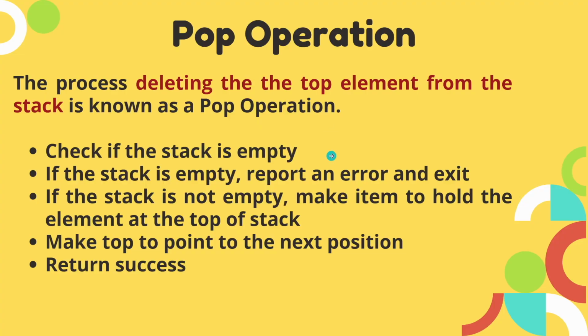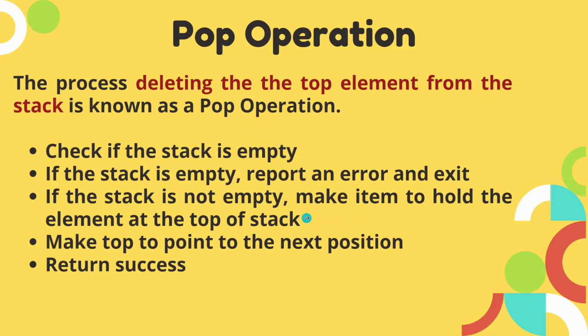Before we proceed with the pop operation, first we check whether the stack is empty or not. If the stack is empty, we cannot delete any elements from it because it does not have anything. In that case we just say it is empty, report an error and exit. If it is not empty, then the top is pointing to the element that has to be deleted.